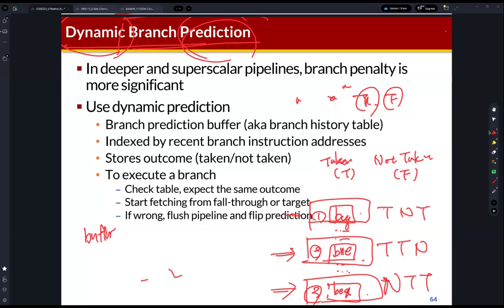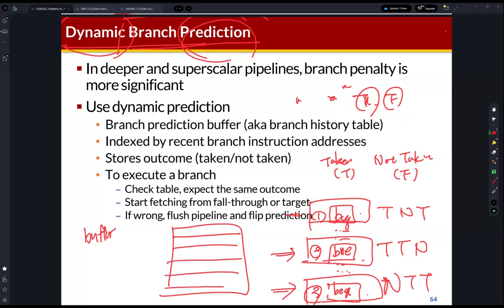So using a buffer, like this is the memory, we can store the result of a branch instruction, like, this is the first BQ, and the result is taken, not taken, taken.